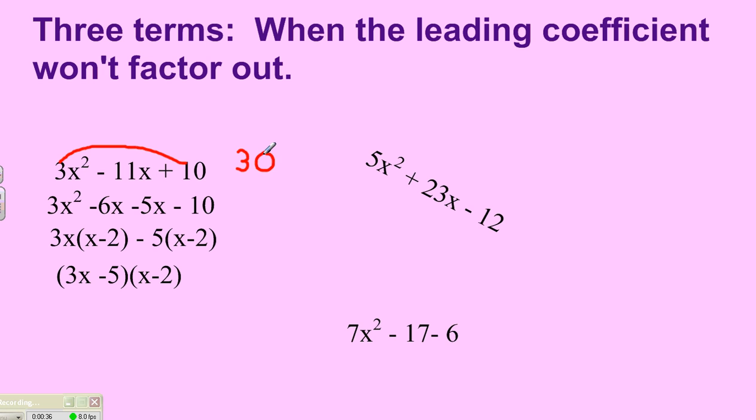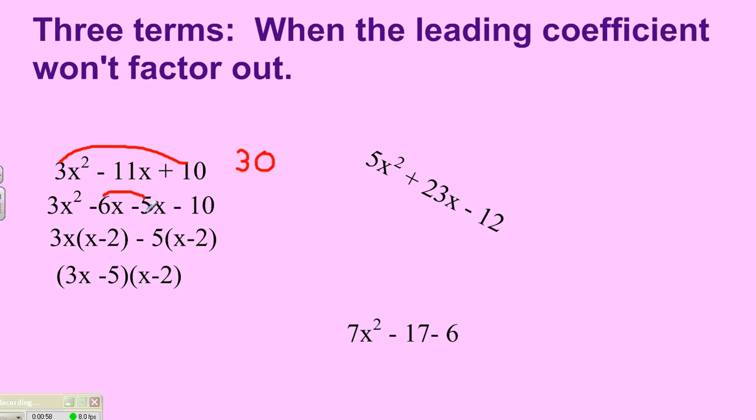Now you can sort of see how this works out if you follow the logical steps here. You see that 6 times 5 gives us 30, not 10. The sum of the differences is 11.